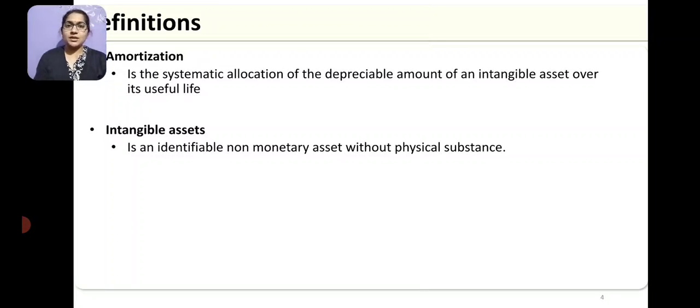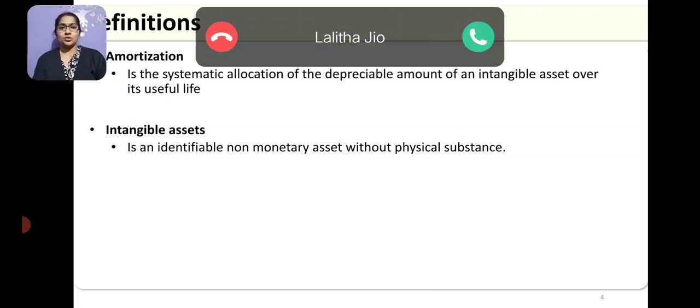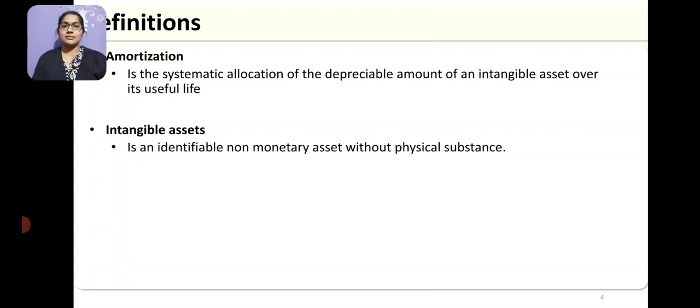In the same way, if you are spreading the cost of the intangible assets over the useful life, then it is called amortization. If you are doing it for a tangible asset, it is called depreciation. If you are doing it with an intangible asset, it is called amortization.